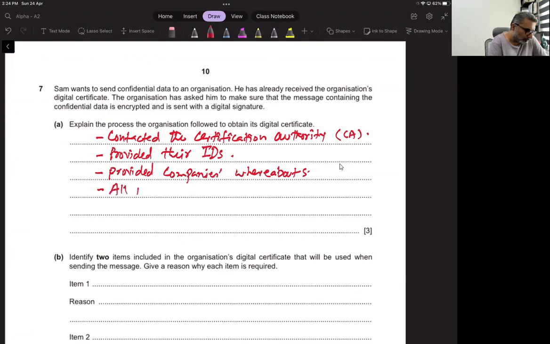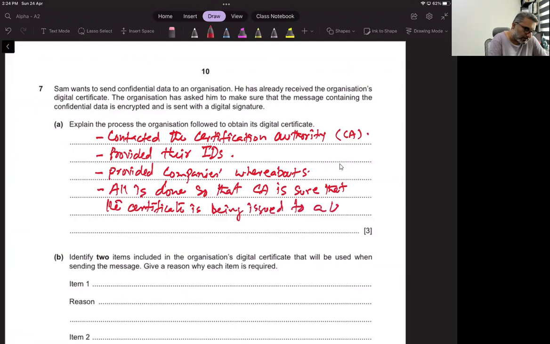All is done so that the CA is sure that the certificate is being issued to a legitimate and actual authority. All right, or identity.